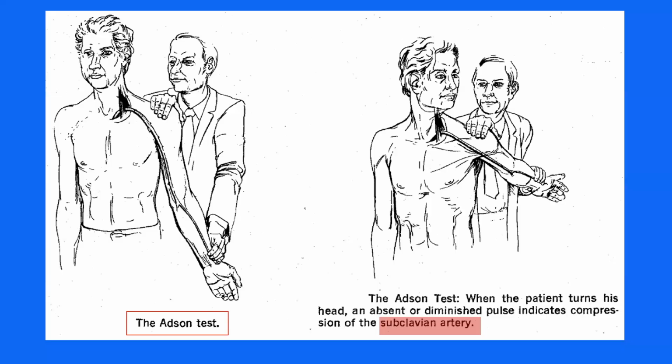You should know about Adson's test. Adson's test would tell you about thoracic outlet syndrome, whether the subclavian artery is under pressure. You feel the radial pulse and ask the patient to rotate his head towards the extremity.